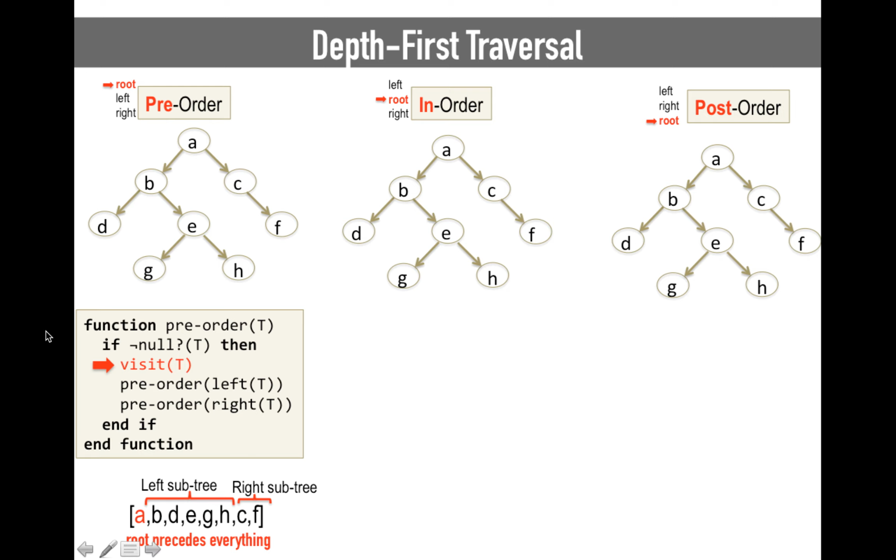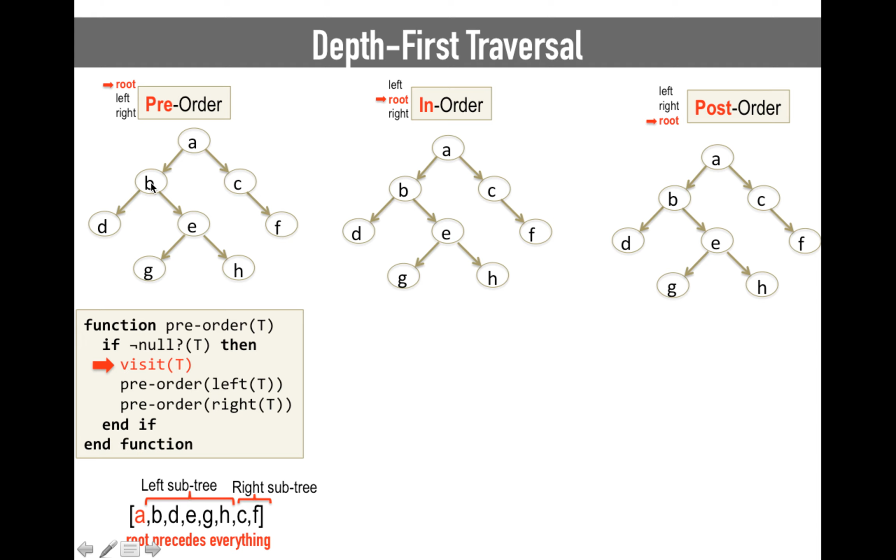If you execute this, you will see that the result is root first, so A goes first, and then left and right. You can see here you have all the nodes of the left subtree of A going here, and then you have all the nodes of the right subtree going here. And how do you know in which order these nodes of the left subtree go?